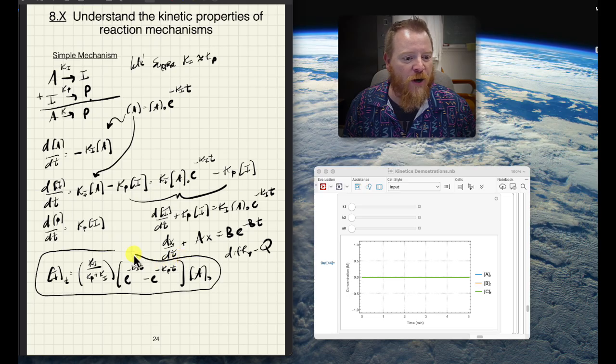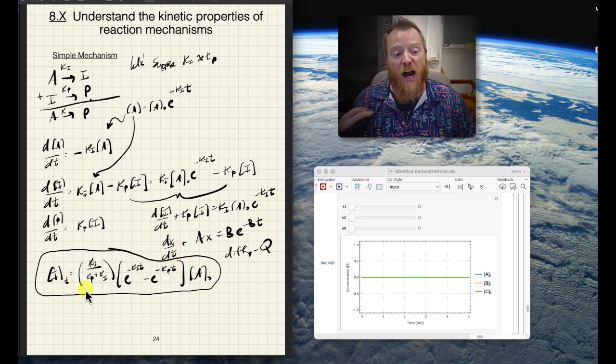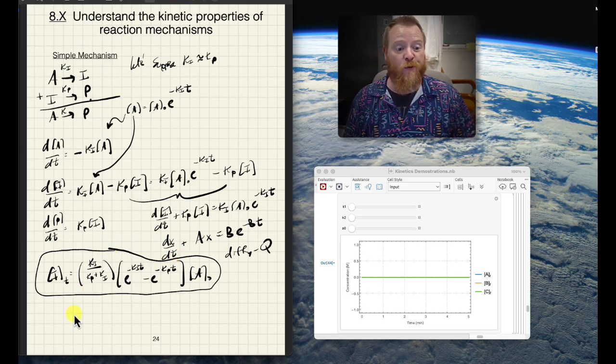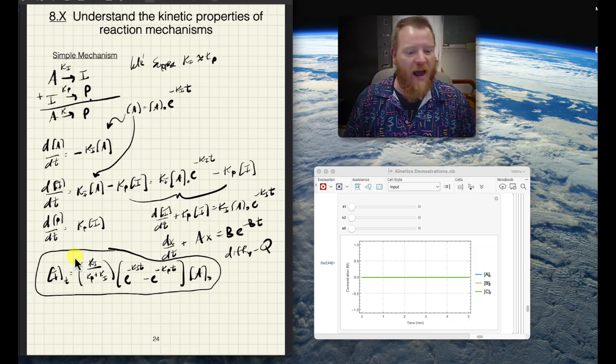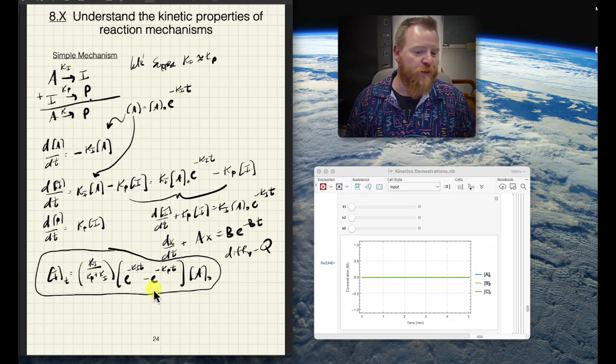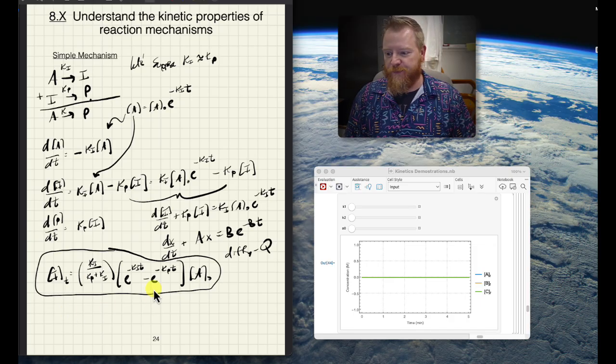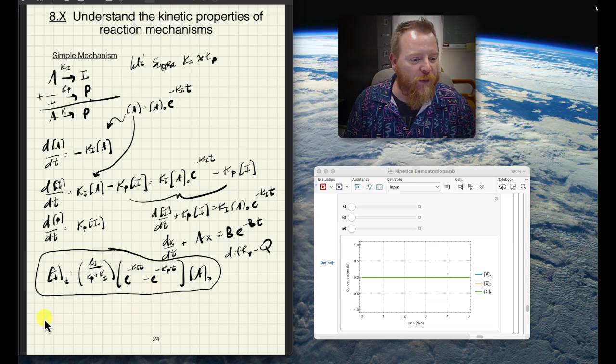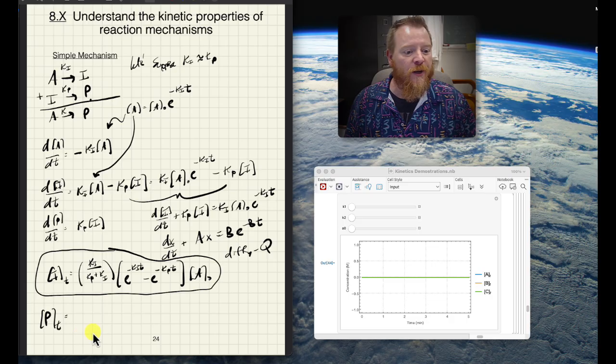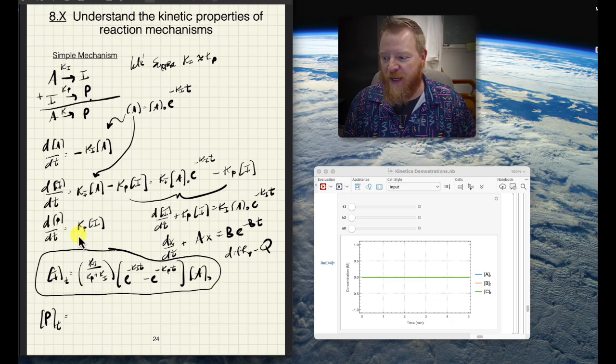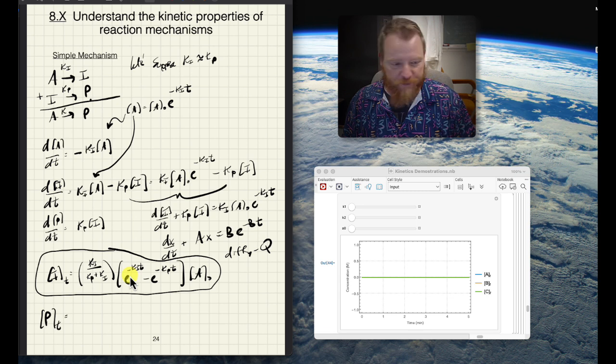And what we should note here is this is now a complicated expression for our intermediate, right? This is not a simple, straightforward, like first order, second order situation. And then furthermore, plugging in the solution for our product, right? We just noted that it's Kp times that iodine concentration.